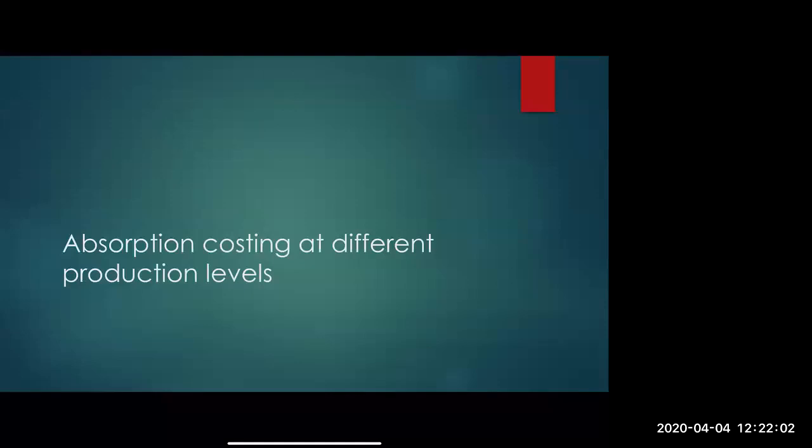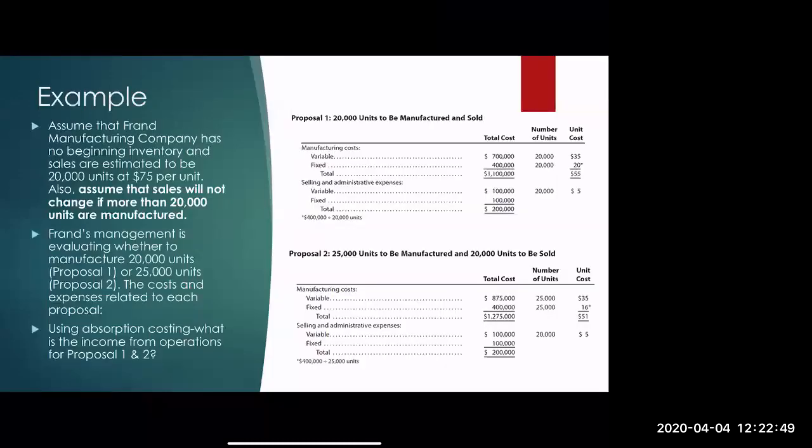Okay, so absorption costing at different levels of production. Take for example this one here. Assume that Fran Manufacturing Company has no beginning inventory and sales are estimated to be 20,000 units at $75 per unit.